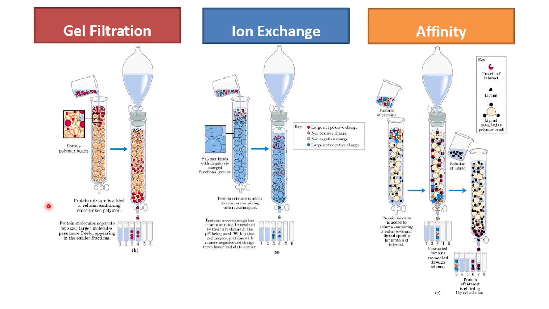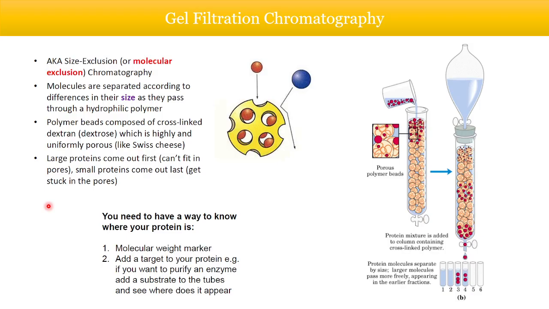So what happens is that the larger molecules cannot enter all the pores and hence elute faster, whereas the small molecules can enter all the pores and elute at a slower rate.